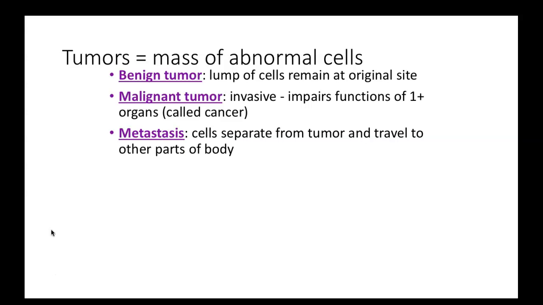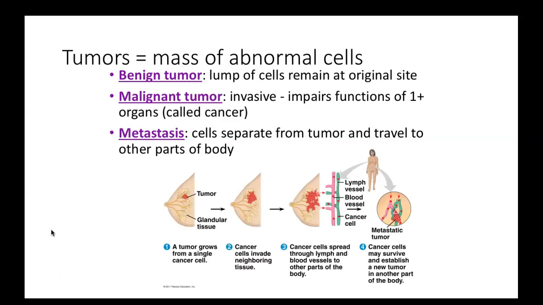Metastasis. You can hear it said when cancer metastasizes. That's when cells separate from the tumor and travel through the circulatory system, whether it's the lymph system or the actual blood circulatory system, to other parts of the body. And then this is showing you breast cancer and just how a tumor can grow from a single cell.